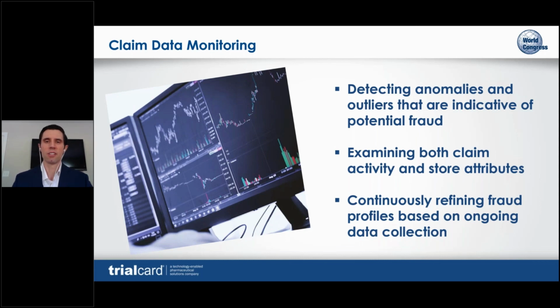The other thing to mention is on the bottom, this is a very iterative process, and the more you do it, the better you're able to get at it. As you identify more and more offending pharmacies, you analyze the characteristics and attributes of those pharmacies and feed that back into the algorithm to create more precise fraud profiles.